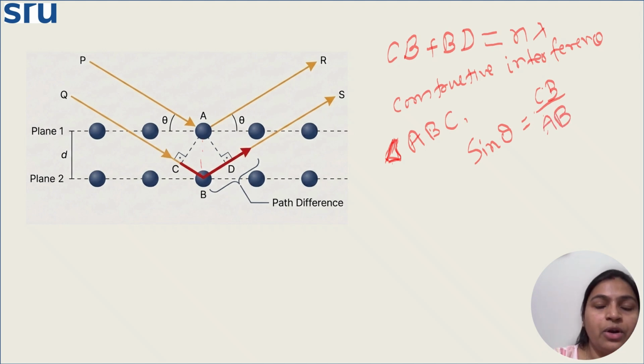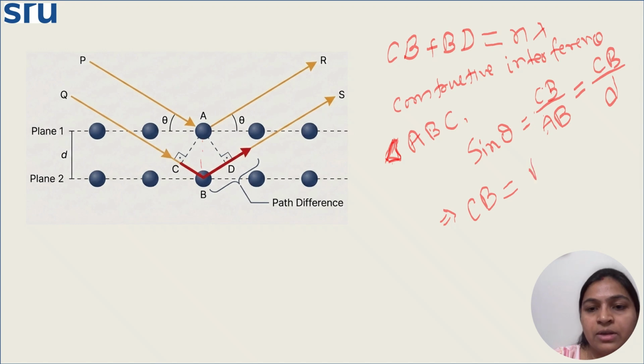We already know AB is the distance between plane 1 and plane 2, which is d. So sine theta equals CB divided by d, and then CB is equal to d sine theta.